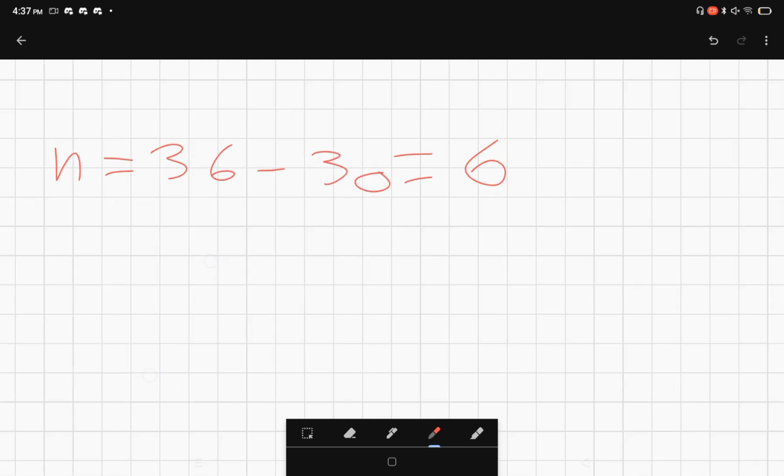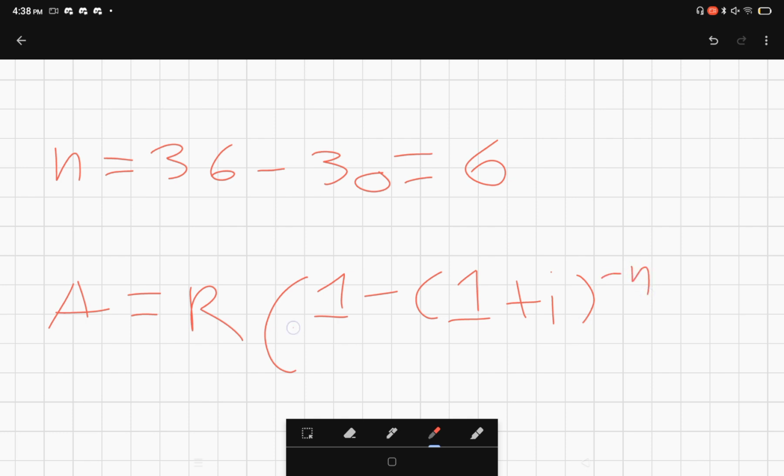Then we will use the formula A equivalent to R, open bracket 1 minus open bracket 1 plus i, power negative n, then per i.